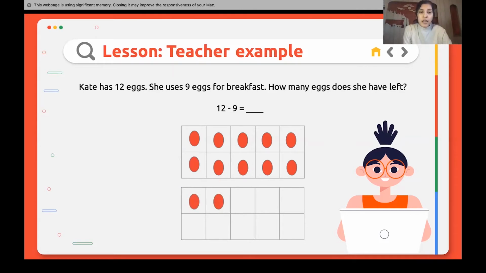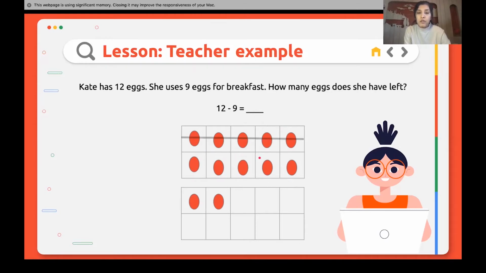And it's saying that Kate ate or used 9 eggs for breakfast. So I have to subtract 9. So I'm going to count 1, 2, 3, 4, 5, 6, 7, 8, 9.